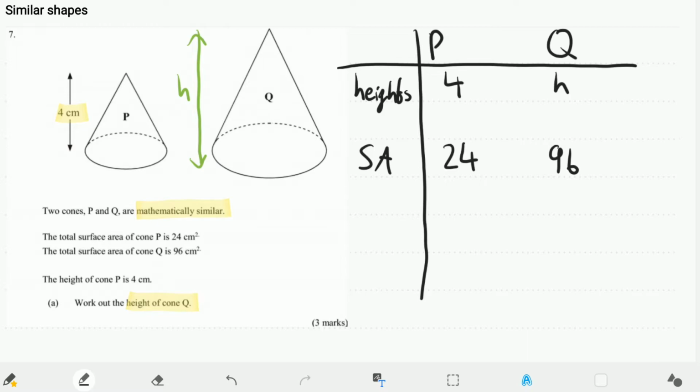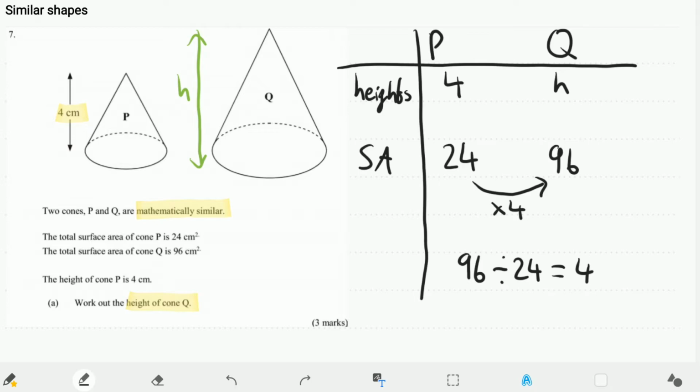Here we have surface area, so if we try and find out the area scale factor, how do we get from 24 to 96? To figure that out, we would do 96 divided by 24, and that gives us 4. So we are multiplying by 4.